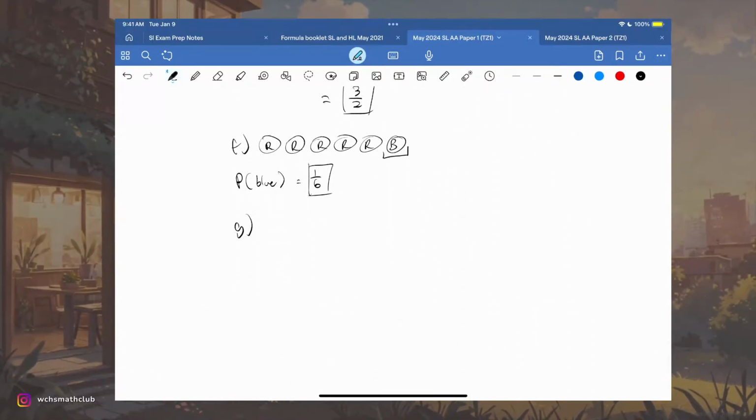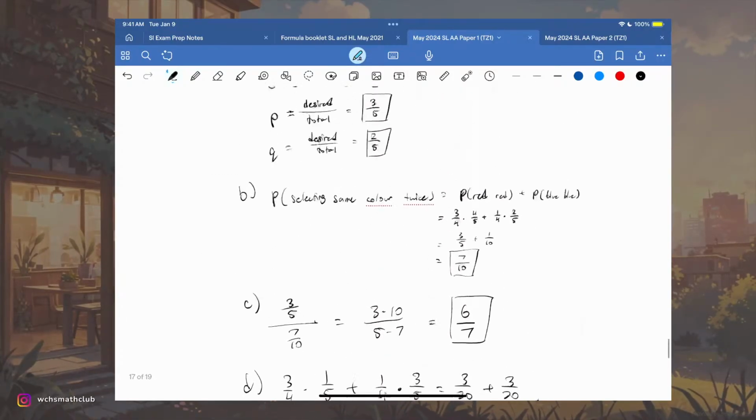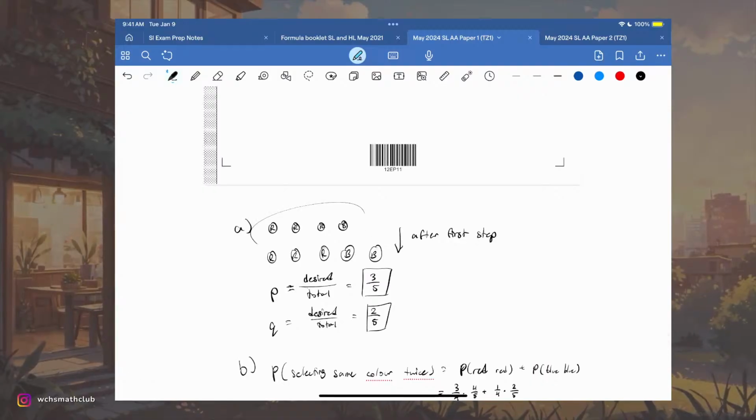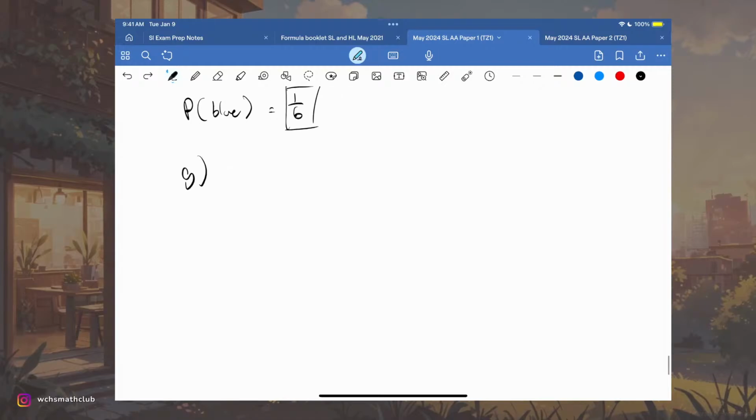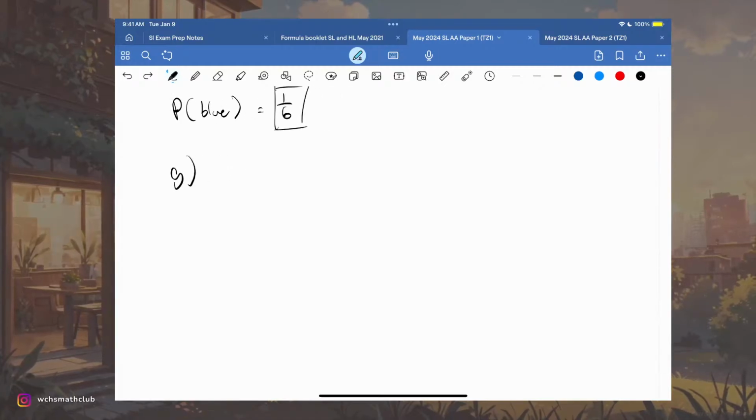Let's see. In order to select a red every single time, remember we started with 3 reds and 1 blue. So the first turn, the chance of getting a red is 3 over 4.